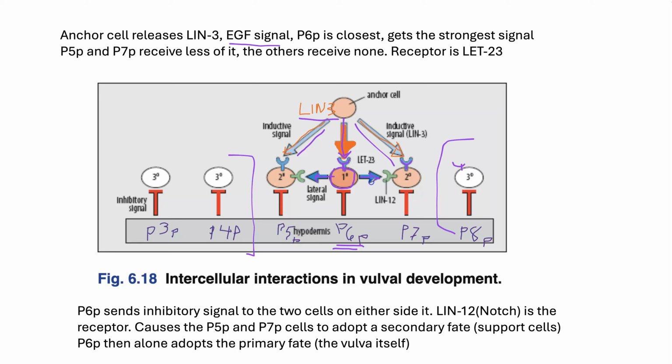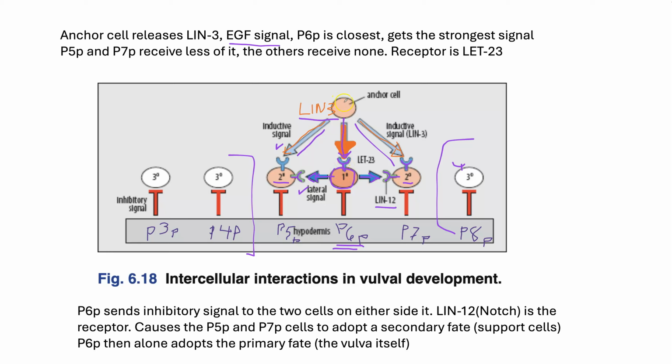And so this signal is going to be the Delta ligand, and then this is another kind of Notch called Lin12, and when it's received, it has an inhibitory effect. So this signal says, you can't be primary cells, so with your small amount of Lin3 signal plus my lateral signal, you're going to have to form the secondary fate, and you too on this side.